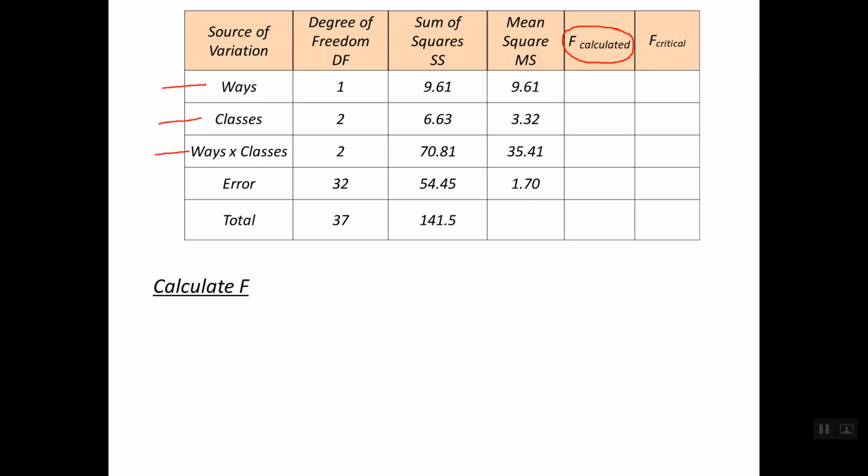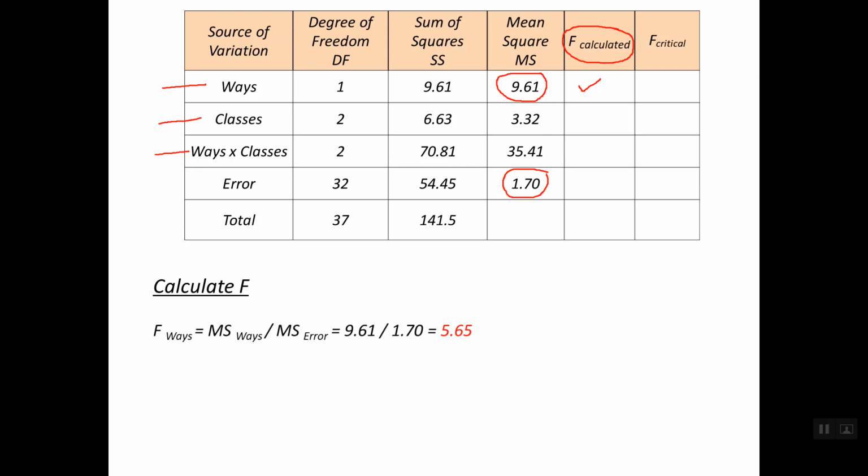The formula to calculate the F for the first factor, for example, is simply to divide the MS for this factor by the MS for the error.